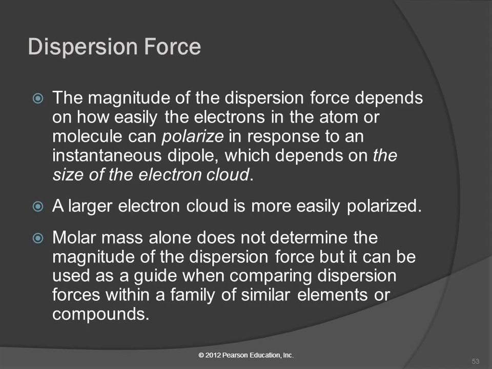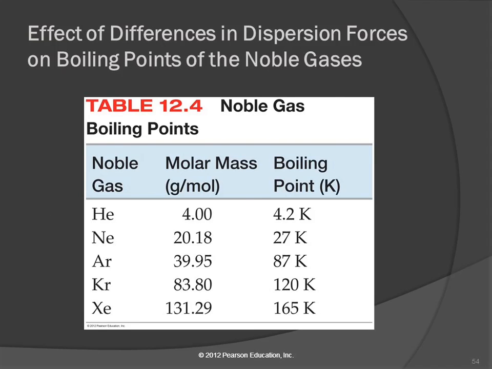And so what we see is that as the atom gets larger, the strength of the intermolecular force becomes larger. Now, we can't base that on molar mass alone, but it can be helpful as a guide when we're looking at similar elements or compounds. So if we look here at the noble gases, helium, neon, argon, krypton, xenon, there is a trend in their molar mass.